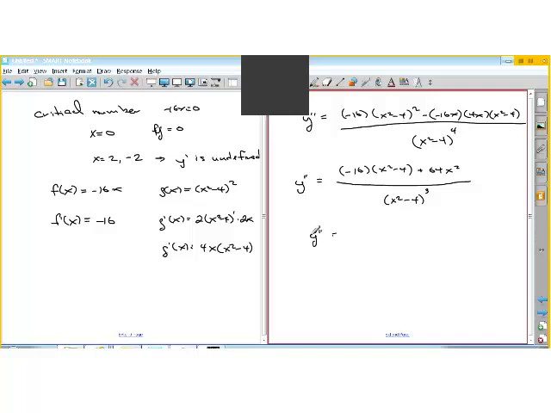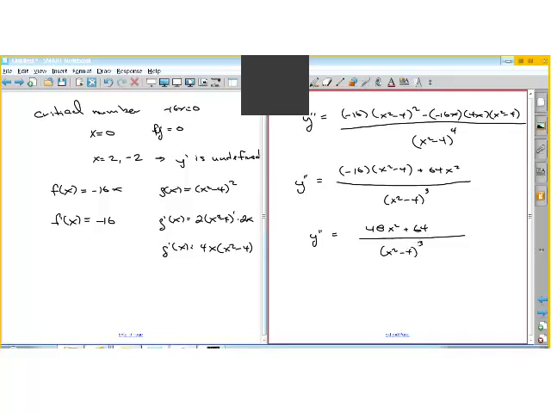And so we multiply that out. You'll get negative 16x squared plus 64x squared, which is 48x squared plus 64. Negative 16 times negative 4 is positive 64, all divided by x squared minus 4 cubed.